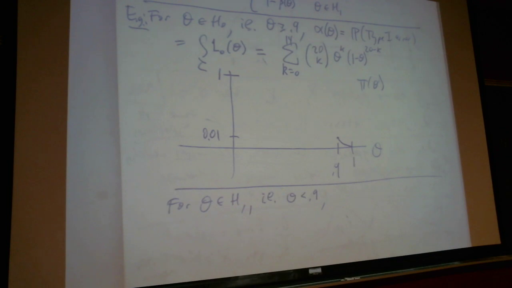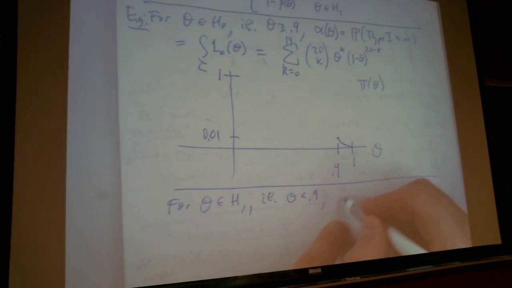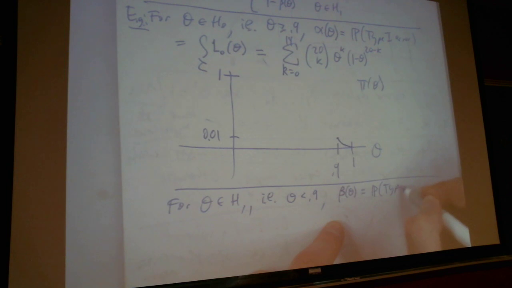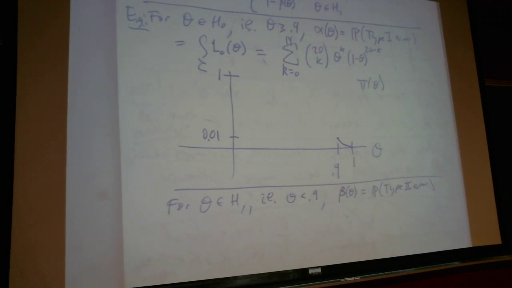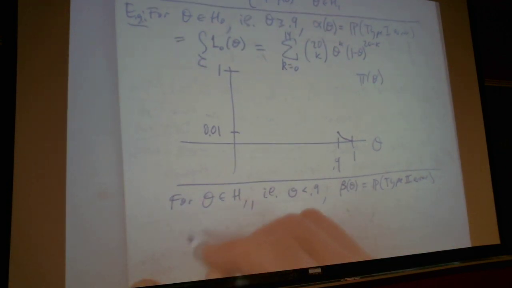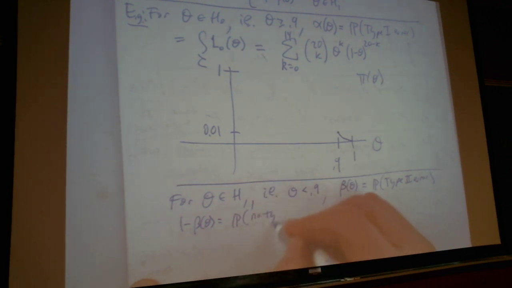Well, what is beta? Beta is the probability of the type 2 error happening. So 1 minus beta is the probability of the type 2 error not happening. So 1 minus beta is the probability of no type 2 error.